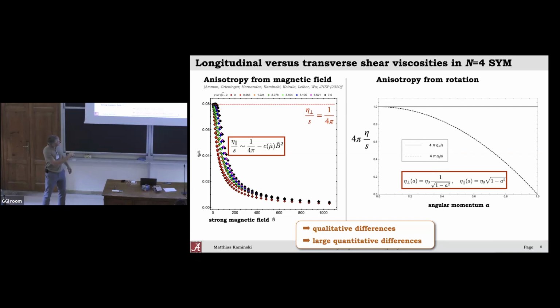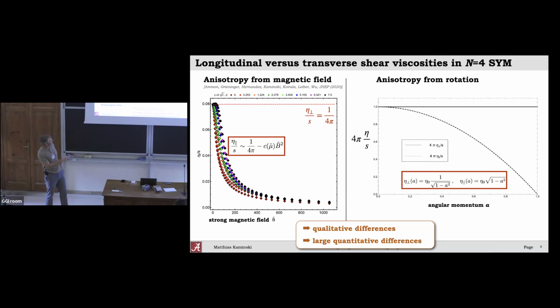The S also depends on this kind of Lorentz factor, the entropy density. So when you work out what eta over S is in those 2 cases, then you find that the transverse shear viscosity, that's the solid line, is 1/4 pi times the entropy density.